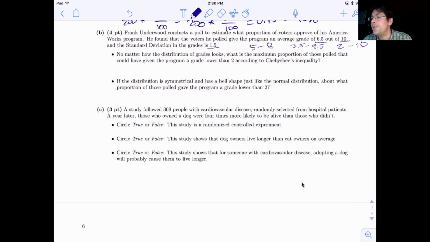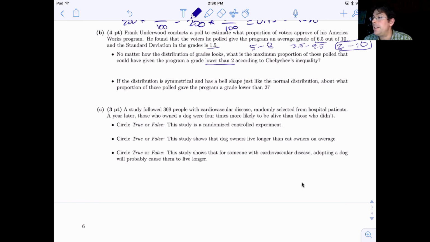Okay, the first question is, no matter how the distribution of grades looks, what is the maximum proportion that could have given the program a grade lower than 2? So this is the 3 standard deviation case. 2 is 3 standard deviations below the mean.